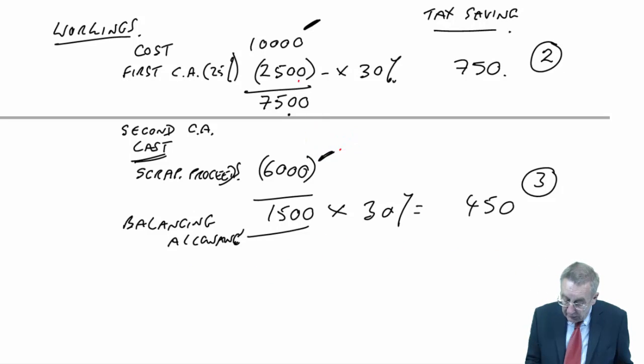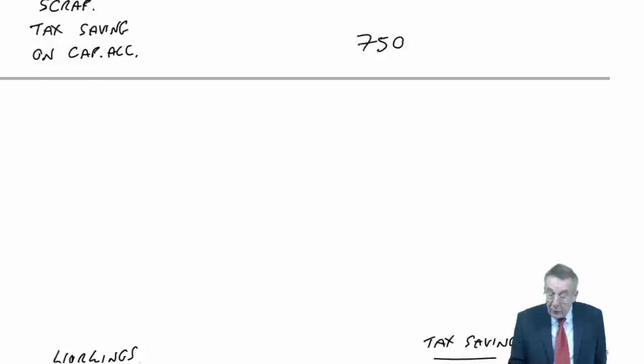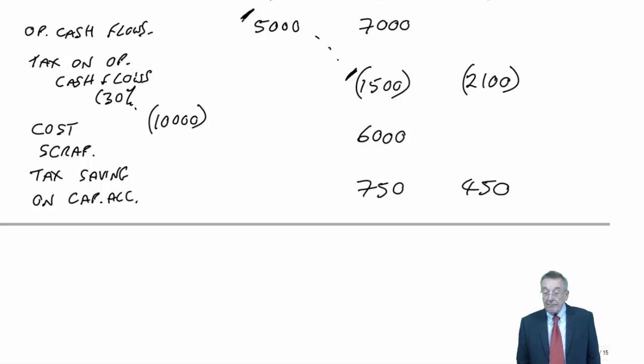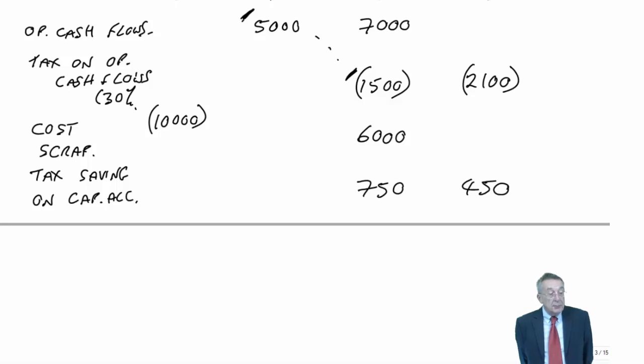Anyway, now we can finish it off. It was 750 saving at time 2, 450 saving at time 3. Lovely.